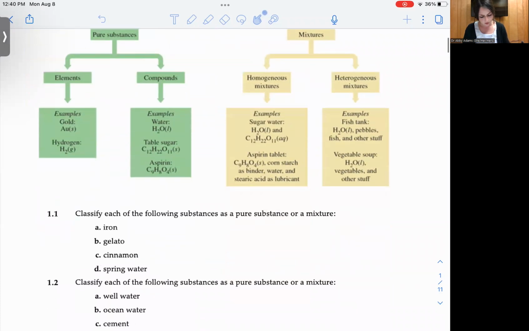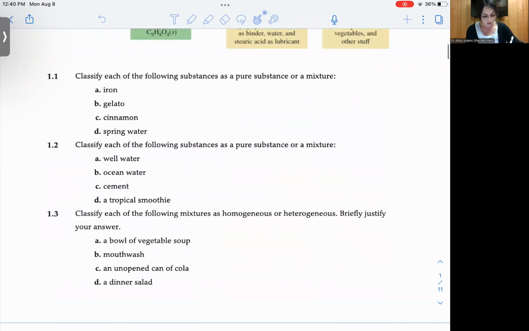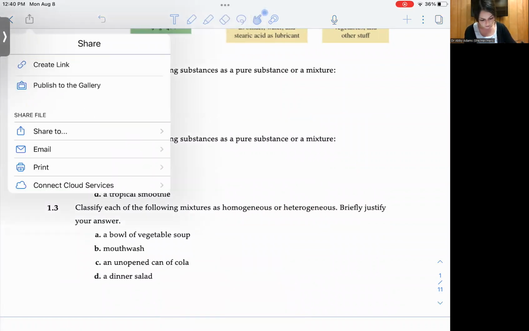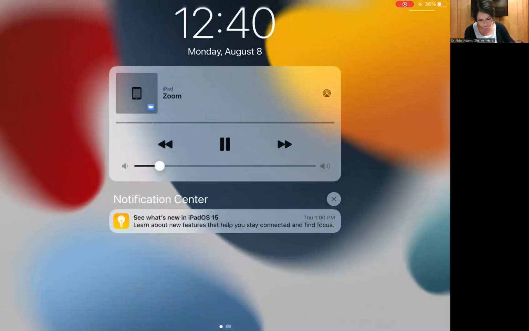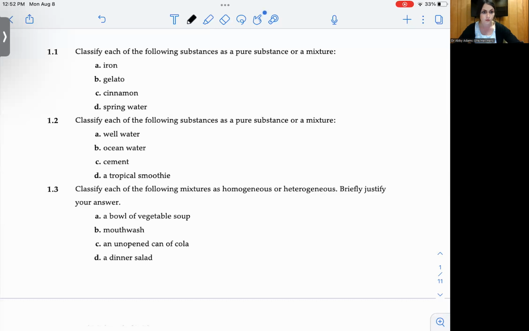We're going to go over some of the odd examples like 1.1 and 1.3, and you're going to do the even ones at another time. Starting with 1.1.